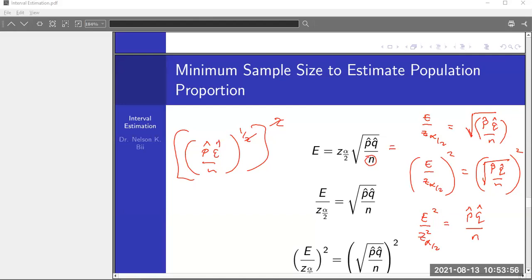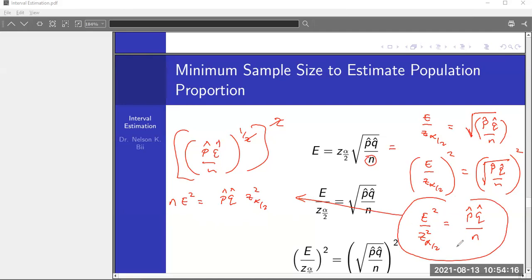So you can make N the subject of the formula. How will you do that? You can cross multiply, so you have N times the error squared equals PQ times Z alpha by 2 squared.